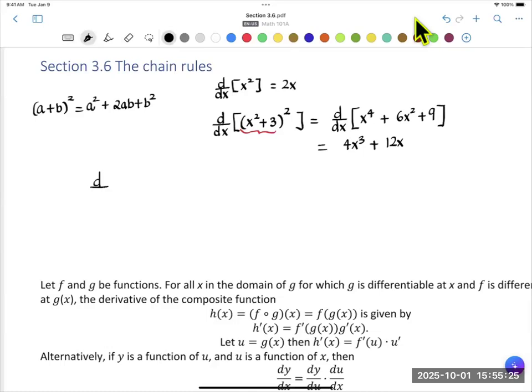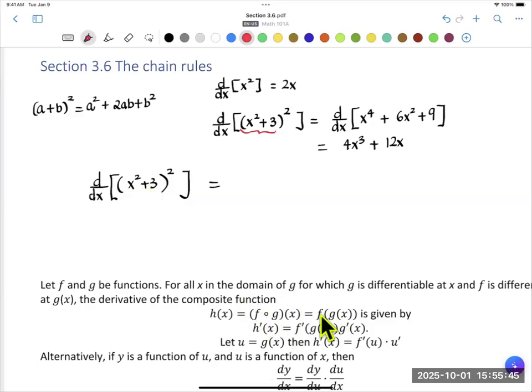Let's take a look at the simple example, (x squared plus 3) to the power 2. The chain rule says this looks like a composite function, where my outside function is the power of 2 and my inside function is x squared plus 3.